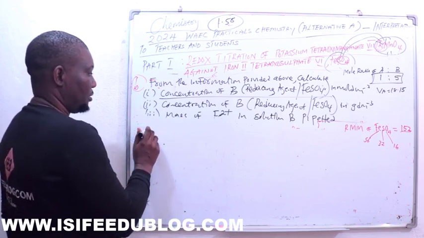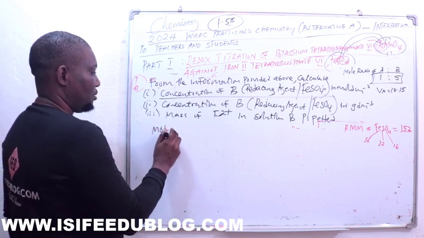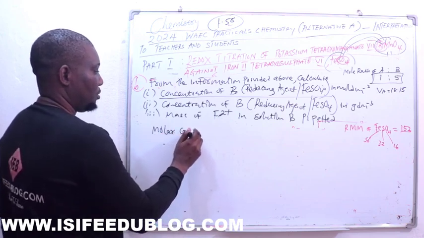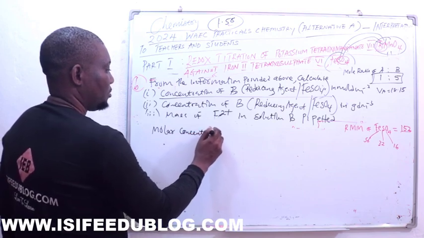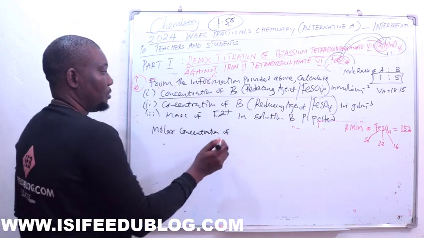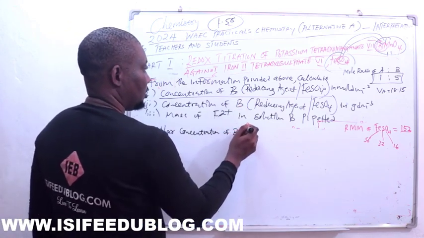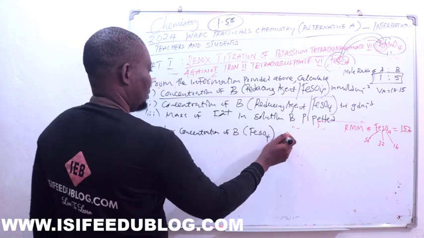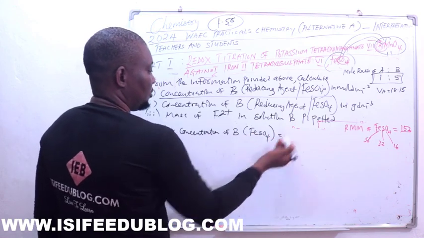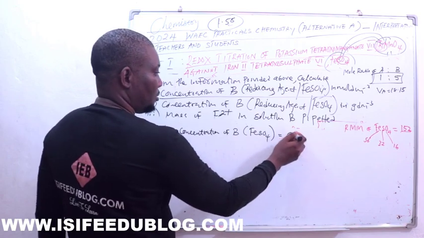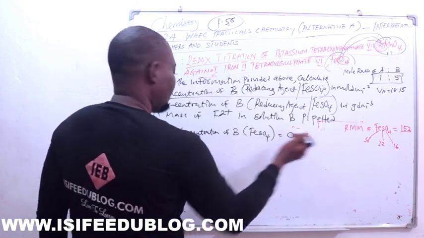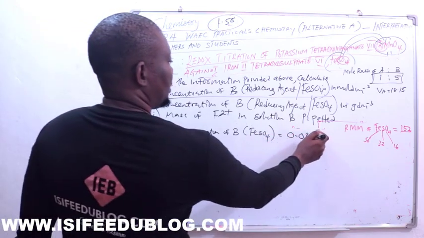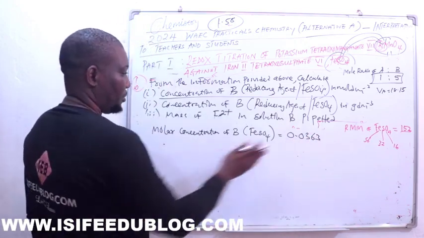Already we know that the molar concentration of B, which by extension is FeSO4, in mole per dm cubed, is what we just got, 0.0363.